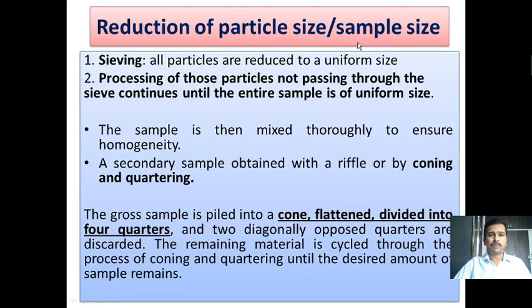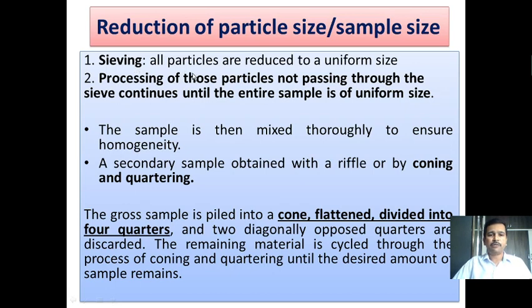How to do this sample size reduction? This is very essential. If you take any solid sample, it will have large particulates and small particulates. We have to separate the large particulates from the small particulates initially. How do we do this? We do it by the sieving process.